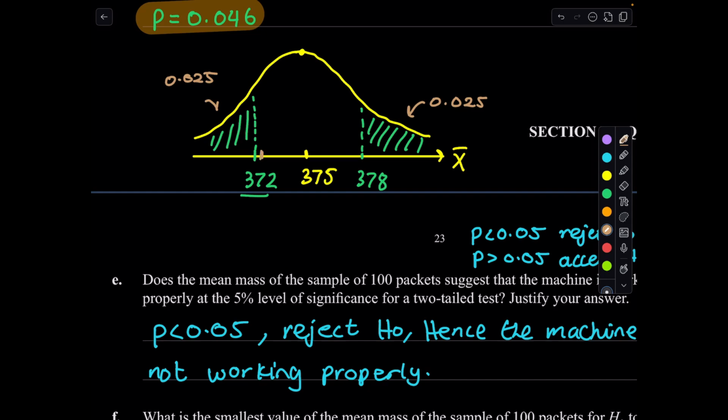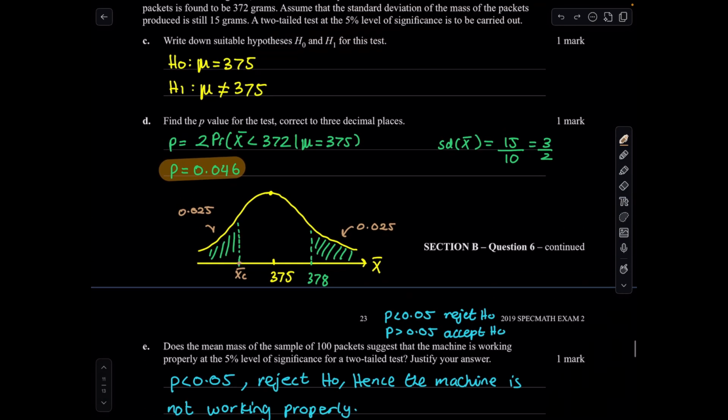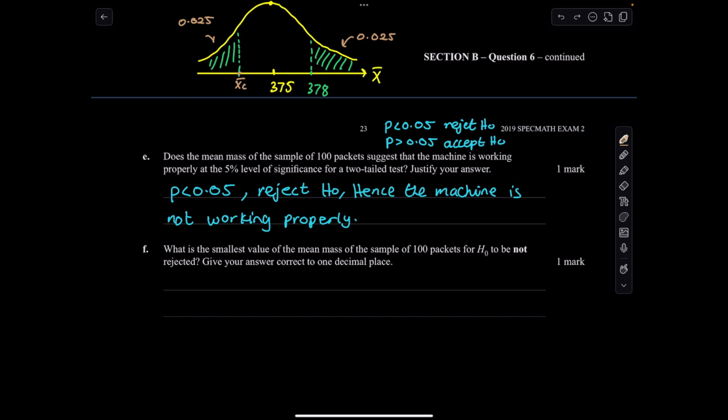Let's call this value XC. We're trying to find the smallest, so it should be around 372 anyway. This is the smallest mean mass at which we should not reject. So we want the probability that X is less than XC, given that the mean is 375, to be equal to 0.025.